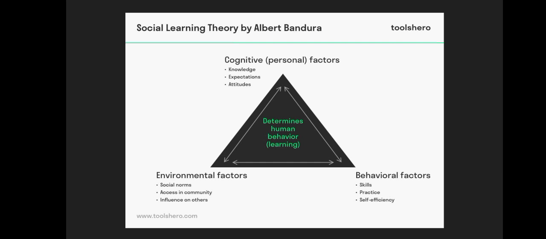Then there is access in the community, which includes facilities, for example the library or the different supplies and equipment needed for an experiment.